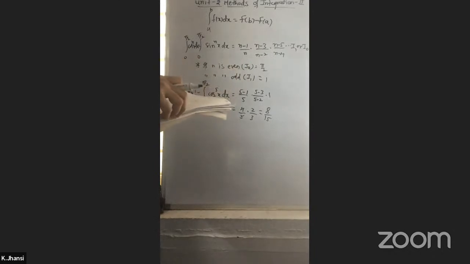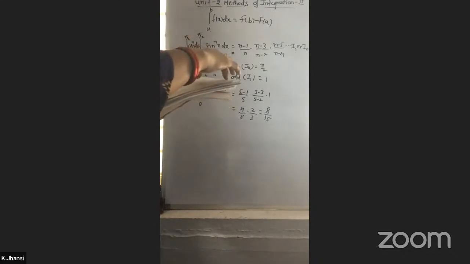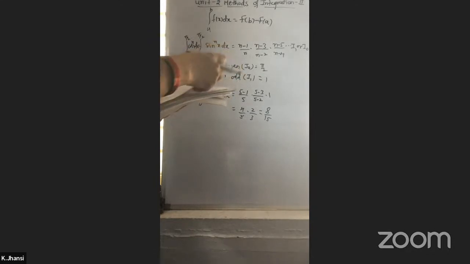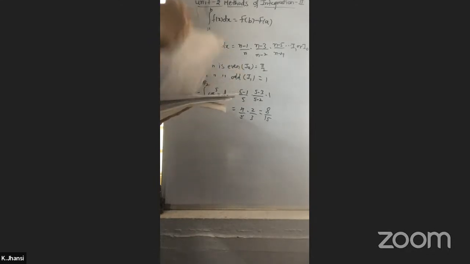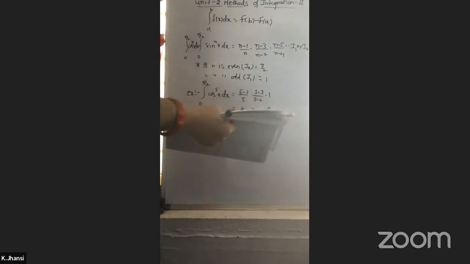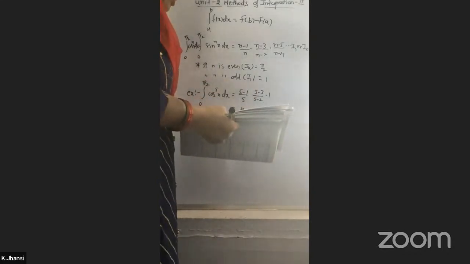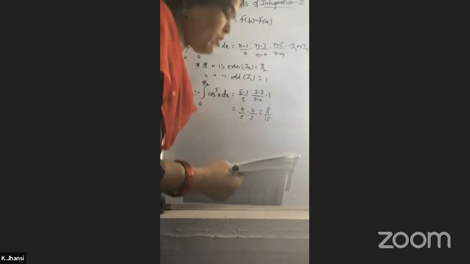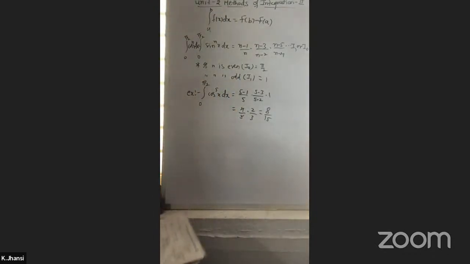In this, only a single function is given, and we have done it like this. If two functions are given, that is sine to the power of m x and also cos to the power of n x dx, if both the values are given, then you have another formula, with the help of Wallis rule. With the help of that Wallis formula, we will write from 0 to pi by 2.